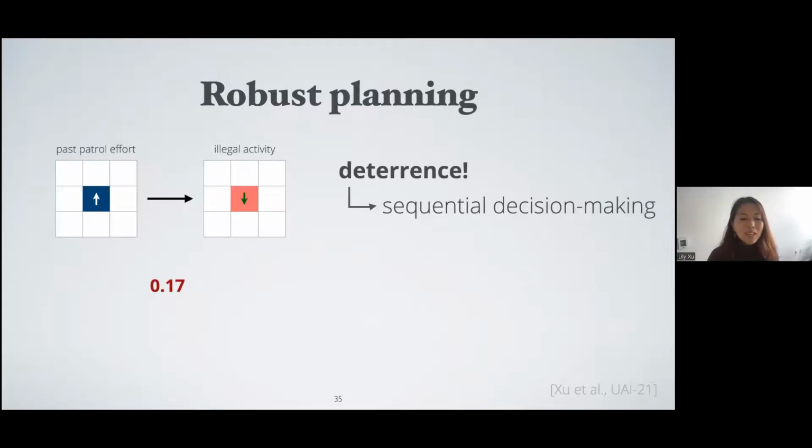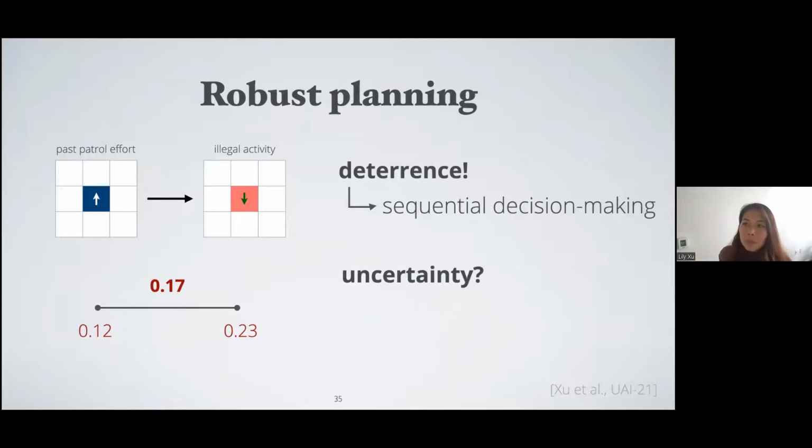However, let's suppose that we have some estimate of the strength of this deterrence effect, and let's suppose that we say it's 0.17, but because our data is imperfect and sparse, we can't be super confident that that parameter is exactly 0.17, but rather we might have much more confidence that it is within a certain range, let's say between 0.12 and 0.23.